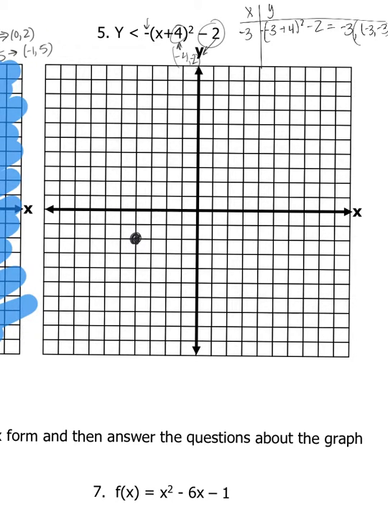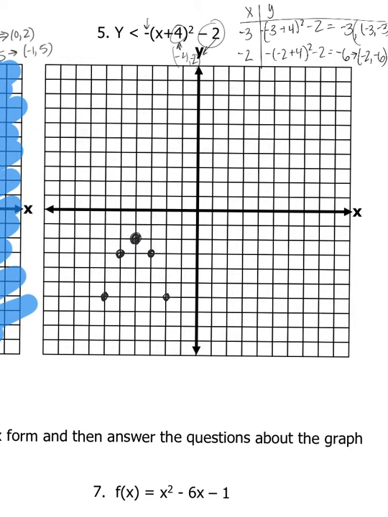So if I go -3, -3, that's right here, which means his mirroring partner is right there. Let's try -2 as well. If I plug that into my calculator or use my brain, I get -2, -6. So right here, and his mirroring partner is right here.